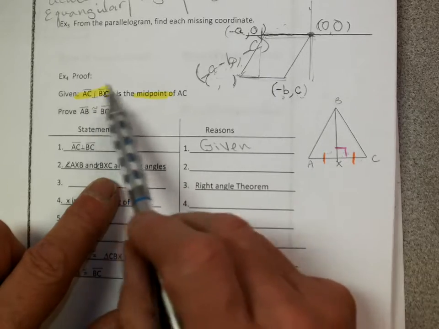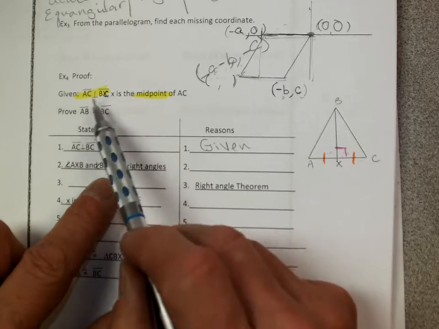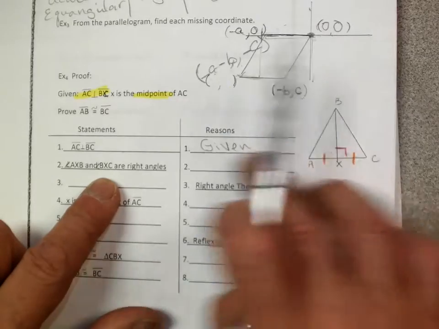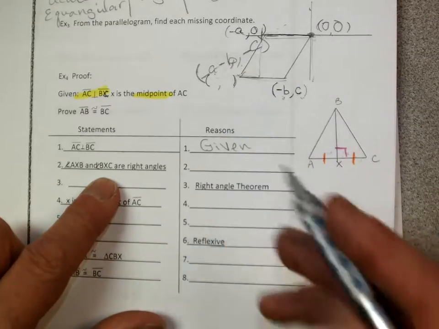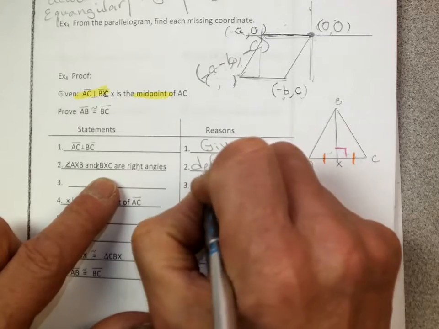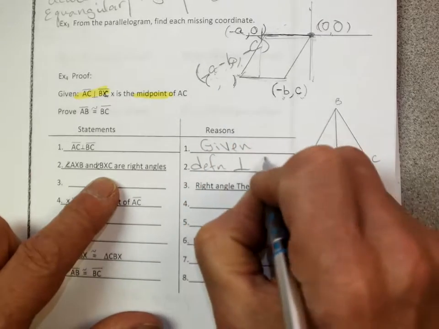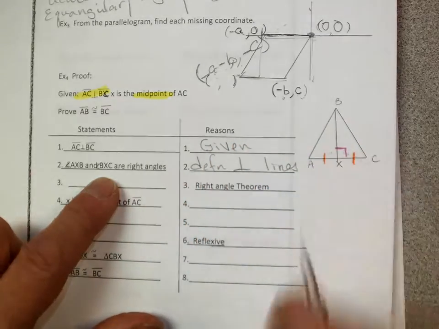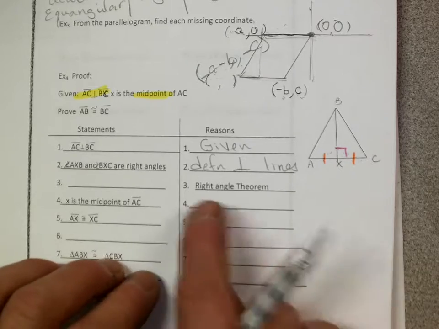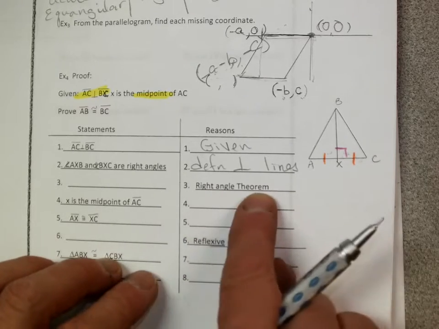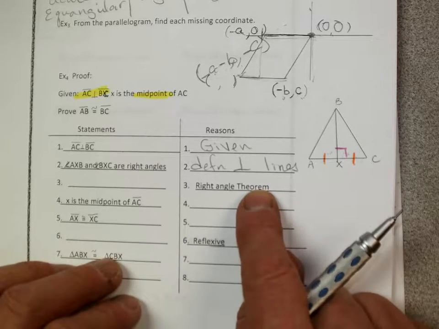So we want to say something about the perpendicular. Even if you put the word perpendicular in here, I'm going to be happy, okay? Definition of perpendicular lines, how's that sound? Because we know that two lines are perpendicular if they cross at right angles, right? Okay, right angle theorem. What do I know about right angle theorem? Well, aren't all right angles equal, right?